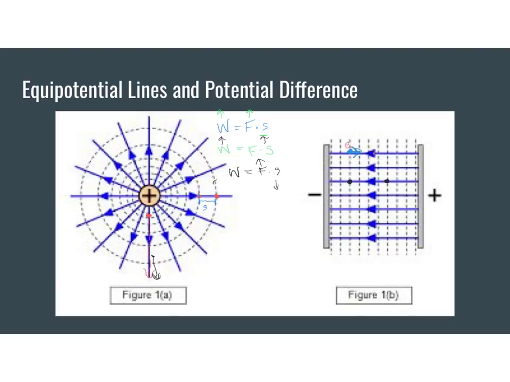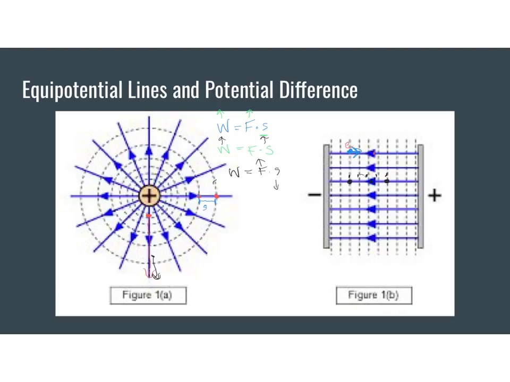Now, what you'll see is the potential will increase in the opposite direction to the field lines. So as I go from here, I'm going to increase my potential as I go this direction, which is the opposite to where the field lines will go, all right?